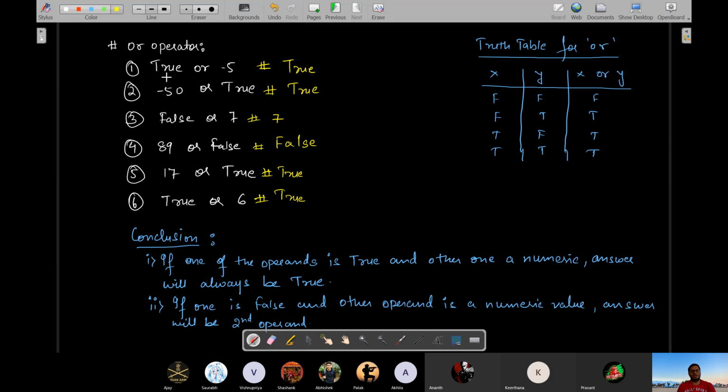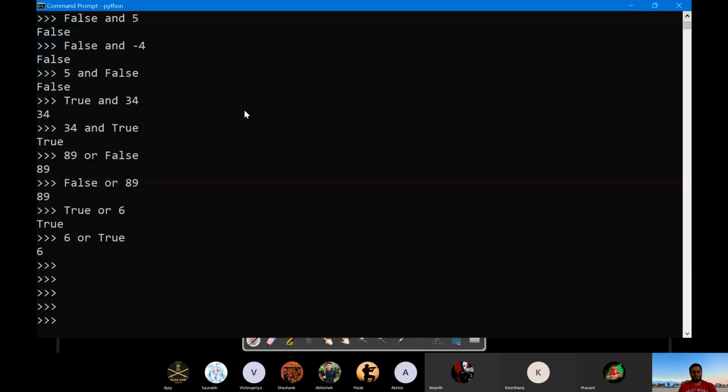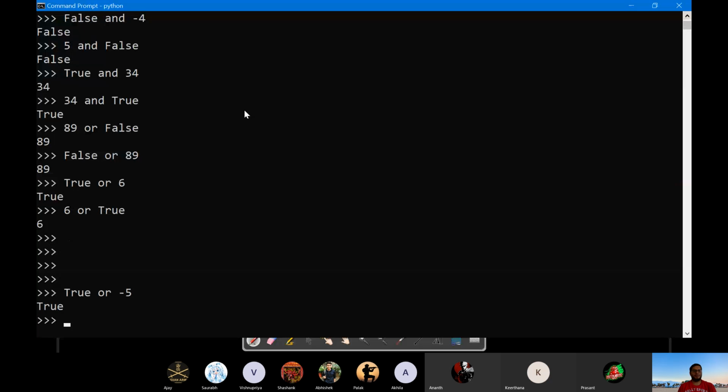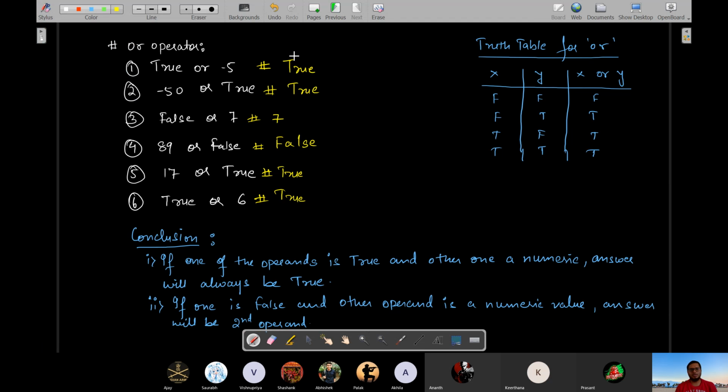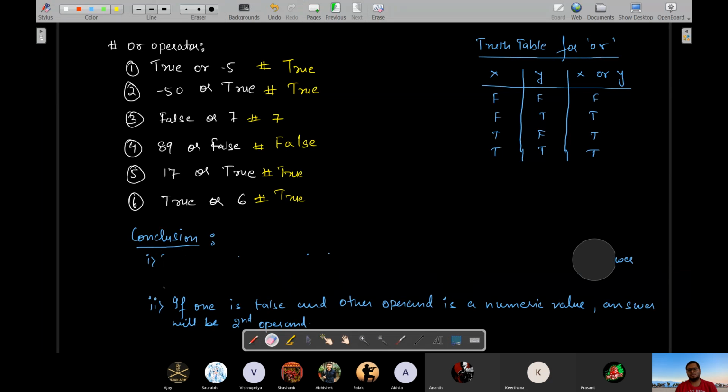So we'll try to establish a pattern. Let me see. True or -5. We are getting true. -5 or true. We are getting -5. Okay. So that means if one of the operand is true, इसको मैं सही करता हूं. They have made it in a very weird manner.